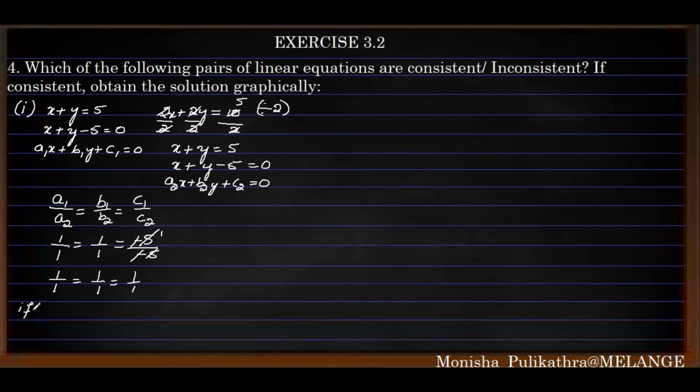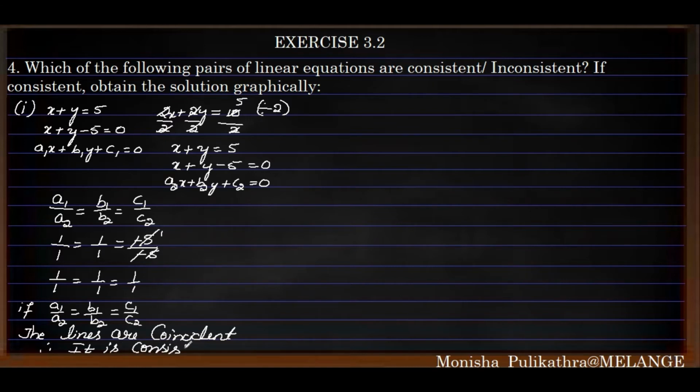So if a1 by a2 is equal to b1 by b2 and that is also equal to c1 by c2, then the lines are coincident. If lines are coincident, what happens? Therefore, it is consistent.